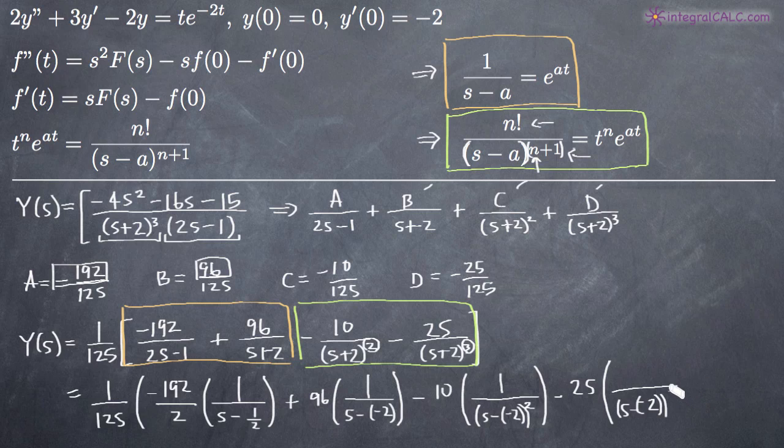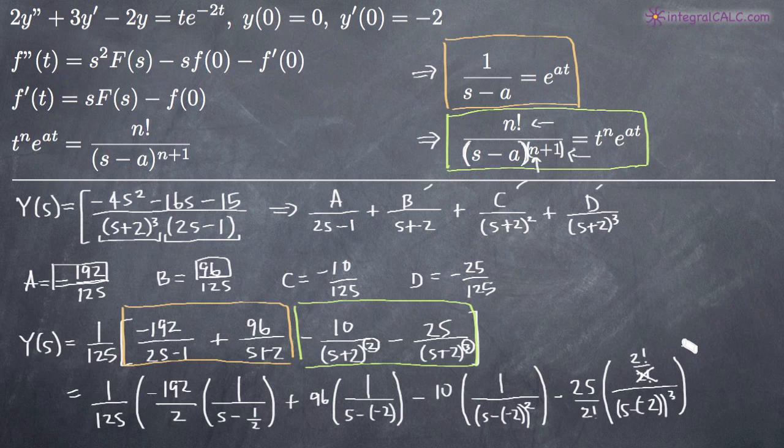So we'll leave this as a 3, but in the numerator, we need to say 2 factorial over 2 factorial, because we know from the n plus 1 exponent in the denominator that n is equal to 2, so we need to make the numerator n factorial, and the only way we can do that is by multiplying by 2 factorial over 2 factorial, and now we can pull out a 2 factorial. We'll pull out the bottom one here, so we'll just be left with 2 factorial over this denominator.